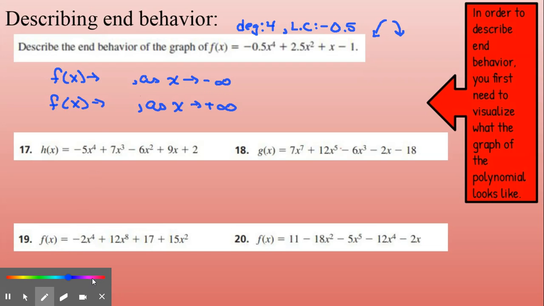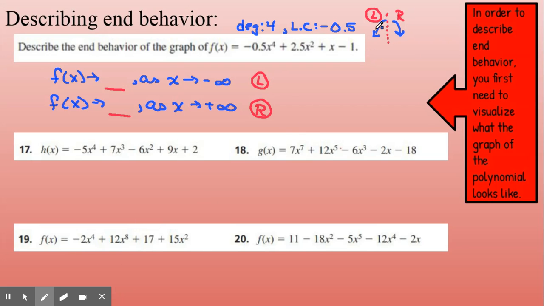You just have to figure out what goes here, and the way you do that is by noting that negative infinity is your left-hand side, so that's over here, if I was to split it in two. And positive infinity is your right-hand side, that's over here. So when I look at this function, I want to take note of where my arrows are going.